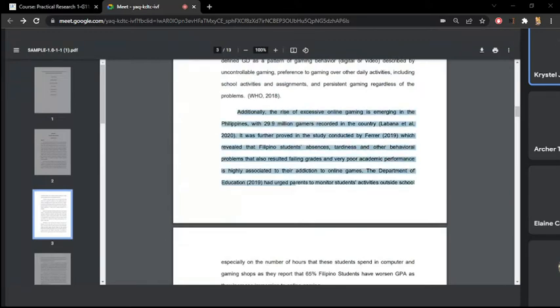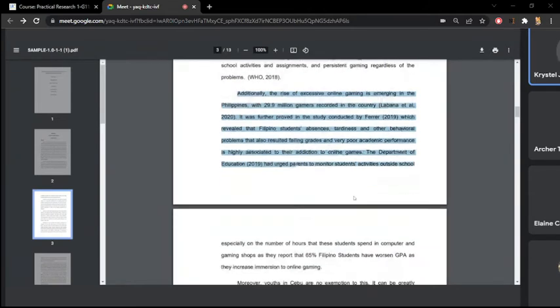Additionally, the rise of excessive online gaming is emerging in the Philippines, with 29.9 million gamers recorded in the country, according to Labana et al., 2020. It was further proved in the study conducted by Ferrer, 2019, which revealed that Filipino students' absences, tardiness, and other behavioral problems that also resulted in failing grades and very poor academic performance are highly associated with their addiction to online games.